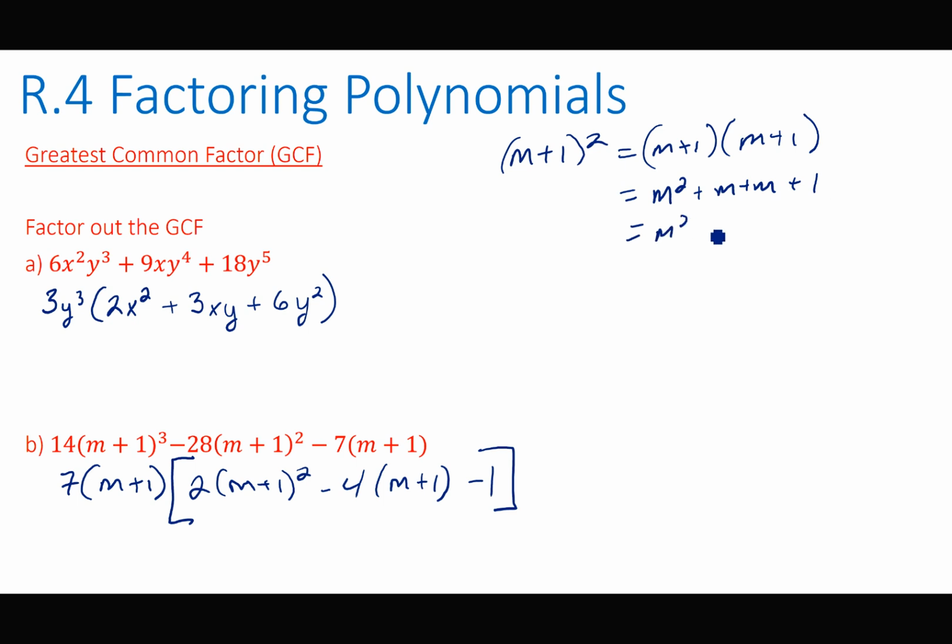So m squared plus 2m plus 1. So let's fill that in here. So I still have my 7, m plus 1. But now I have 2 times m squared plus 2m plus 1. And I'm going to just go ahead and distribute this in. So this will be minus 4m minus 4 minus 1.